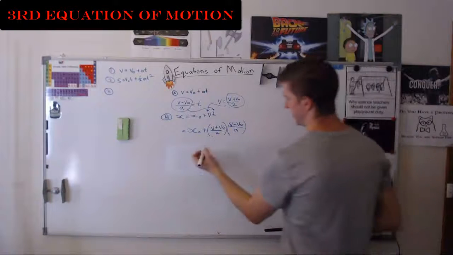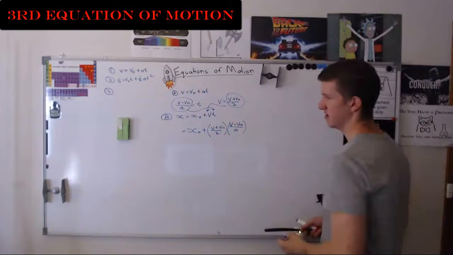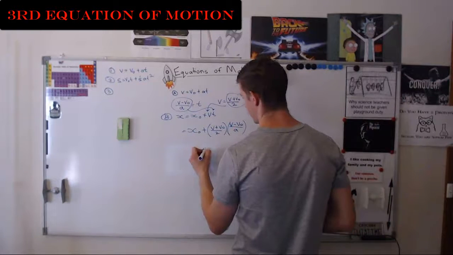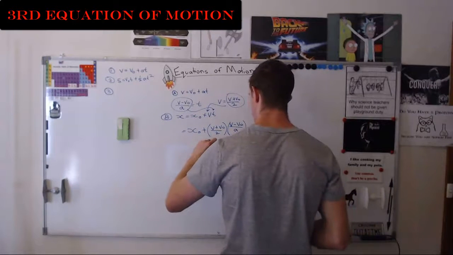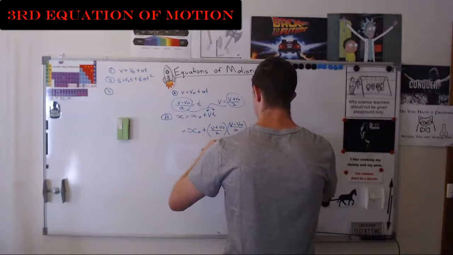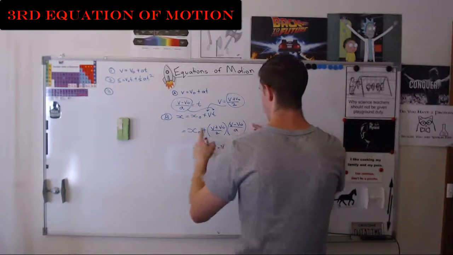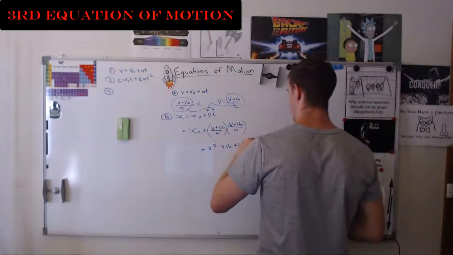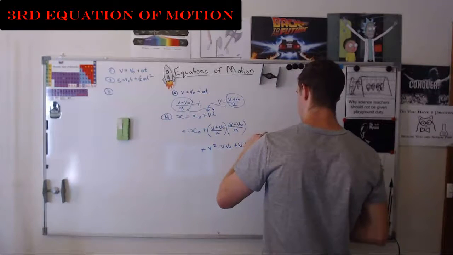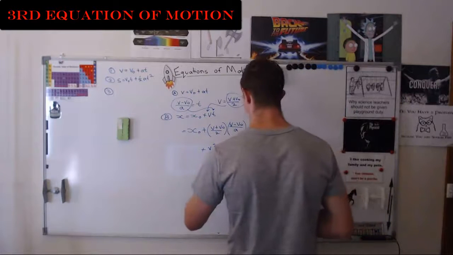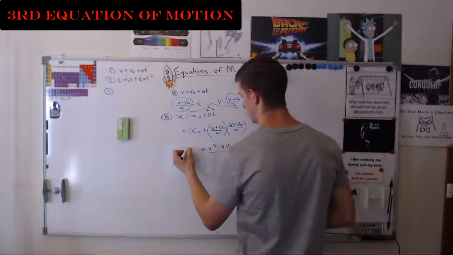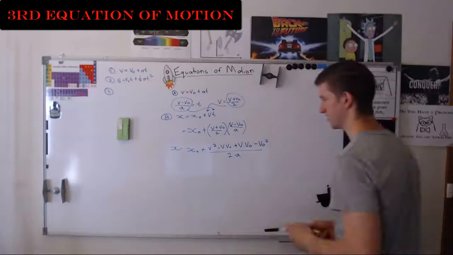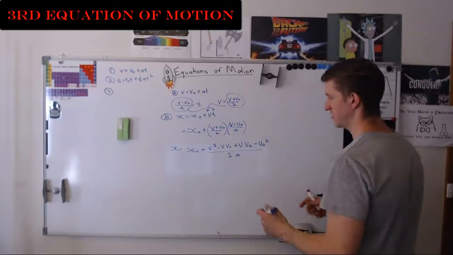And if we expand this out using a bit of brackets, the inside-outside, the FOIL, we would get V squared minus V naught plus V naught minus V naught squared. And that's all over 2A. We've still got our X naught, and that's equal to just plain old X. So there's a few things I can do here.